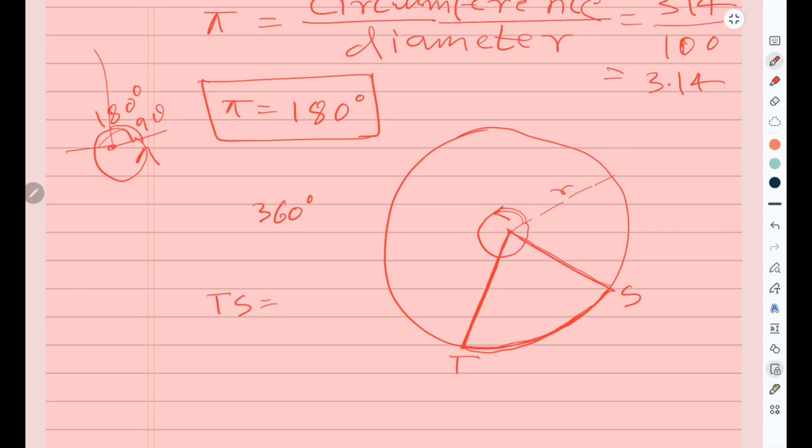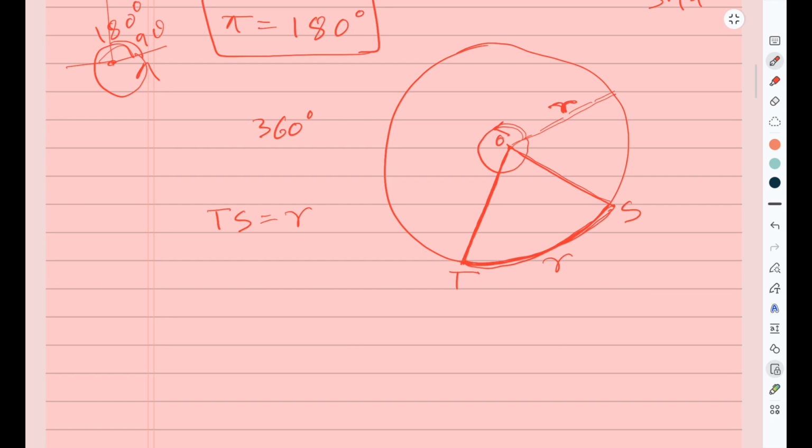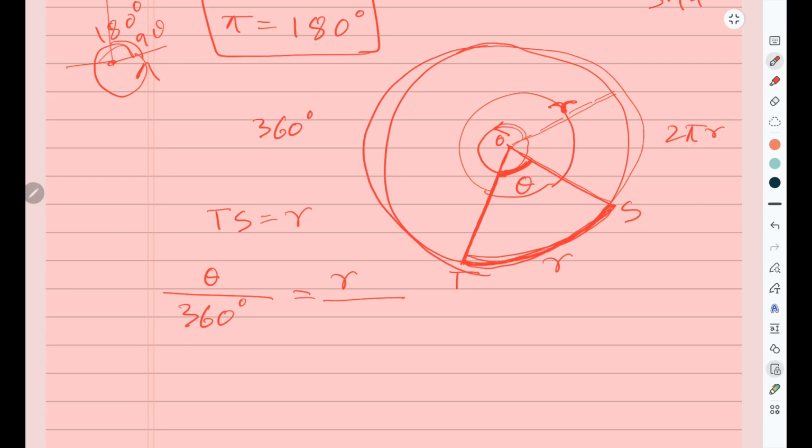If the length of ts is equal to r, the length of the radius of this circle, then the angle inscribed here, which we can say theta, the ratio of this angle theta to the whole rotation, which is 360 degrees, will be in the ratio of r divided by the whole circumference, which is actually 2 pi r, isn't it?